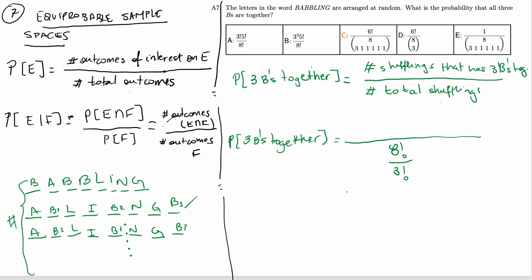All right. Now, in the numerator, we need to calculate the number of these shufflings, of these arrangements that have 3 B's together. Well, if you remember, when we want to fix letters together, and if you go to the recap for midterm 1, we did exactly one exercise like this.